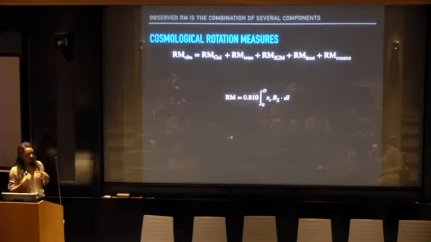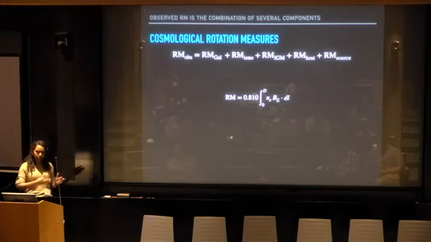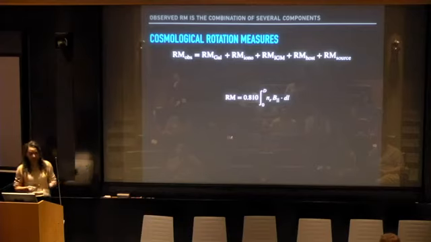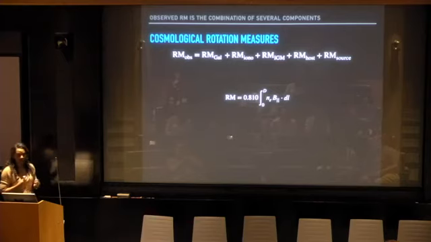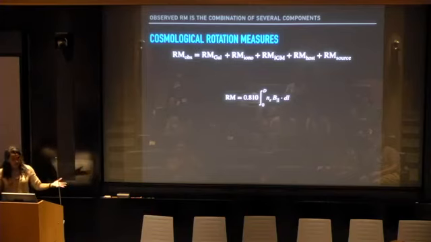Now, the RM that we observe is the sum of several components from different intervening media. So we've got an RM from the galactic foreground. You could have an RM from the ionosphere of the Earth, the IGM, the host, and the source. Now, the RM due to the galactic foreground can sort of be estimated.